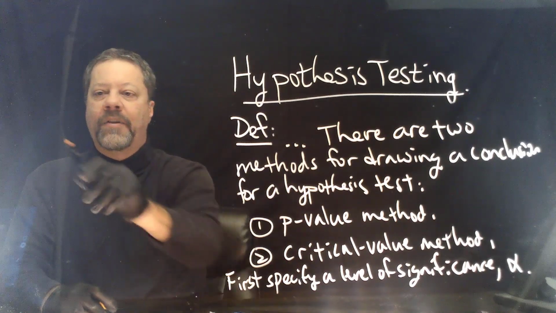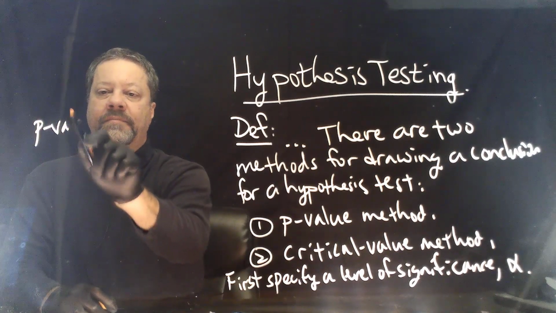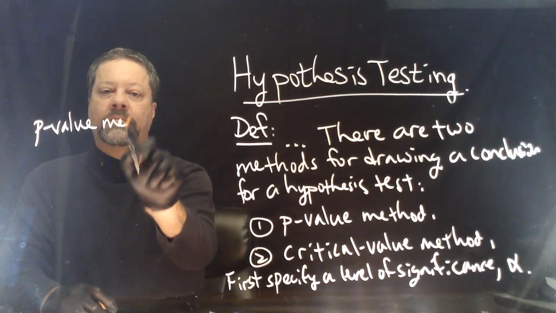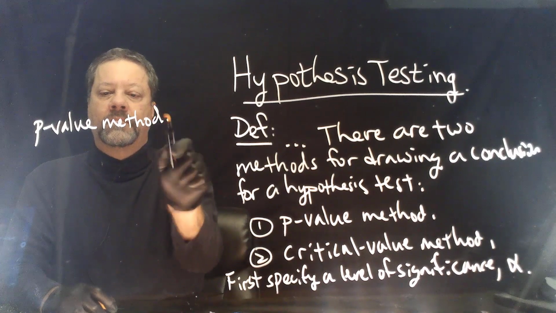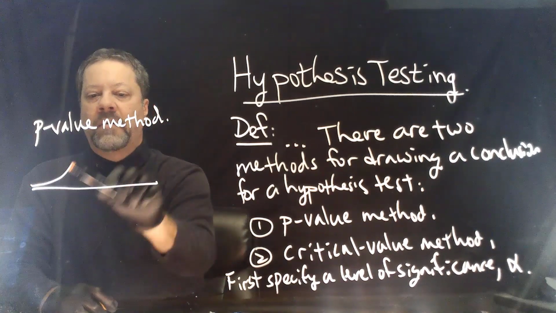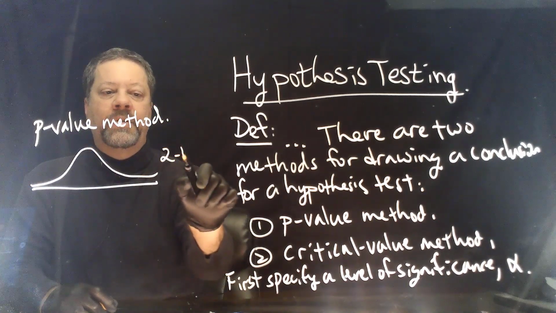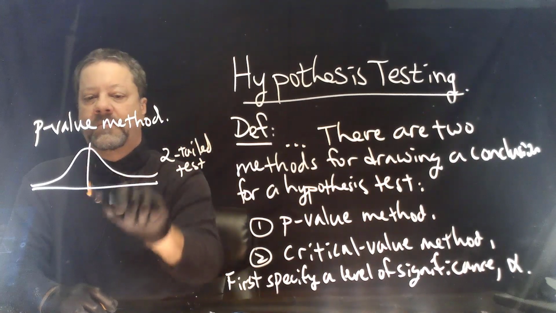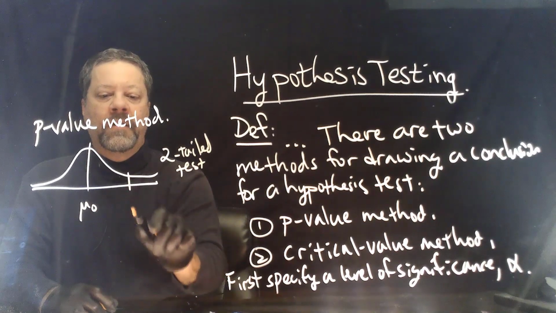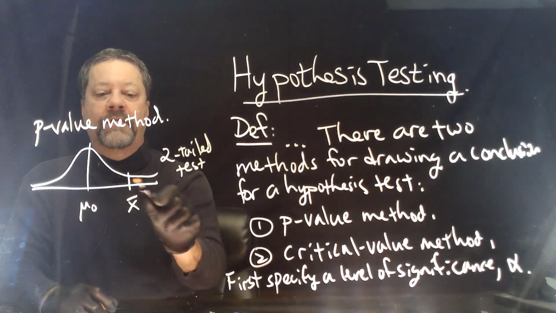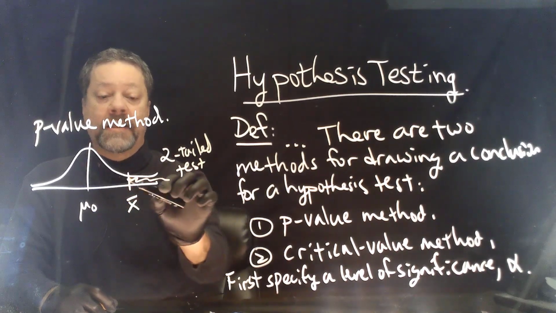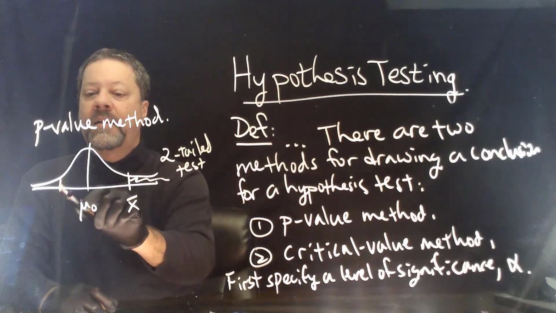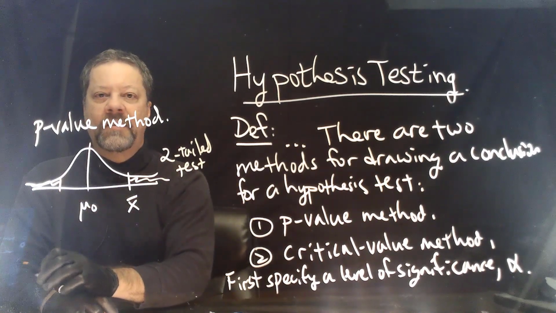So again, for the p-value method, on a two-tailed test, you take the area from wherever your statistic is out to infinity and double that. Twice that area.